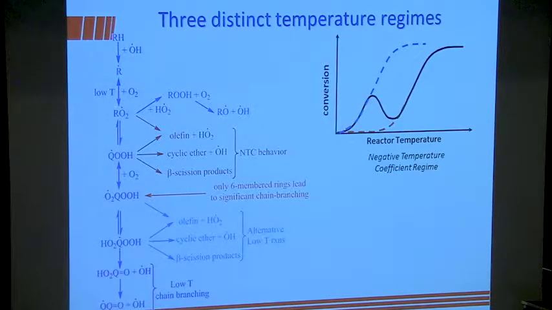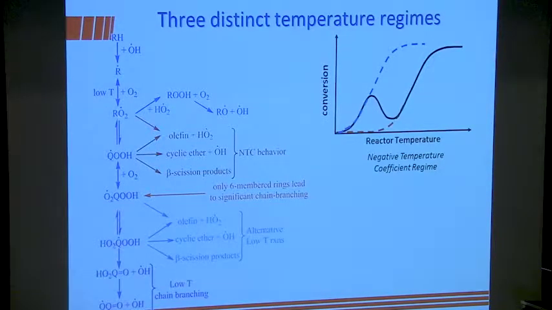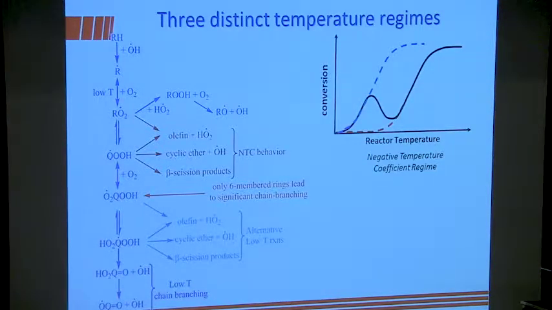We get one fuel radical, we get RO2, we get a hydroperoxy alkyl radical, or RO2 gives olefin plus HO2, but one fuel radical goes to here. We get one radical from one fuel radical. That's not branching, it's propagation. And so reactivity decreases relative to lower temperatures.